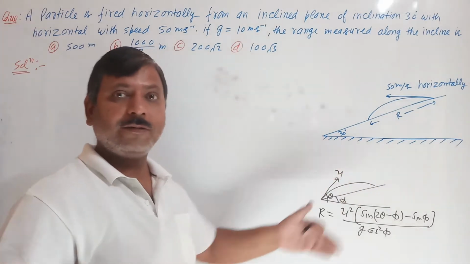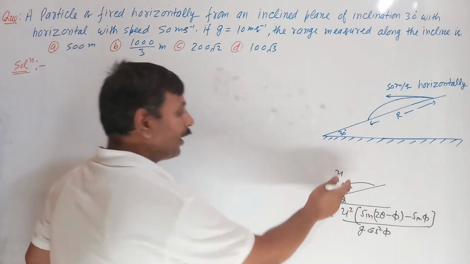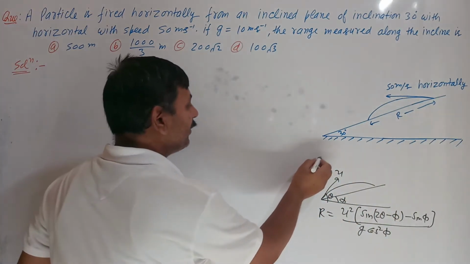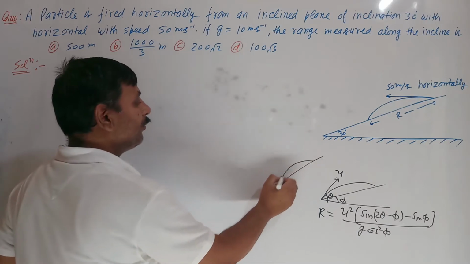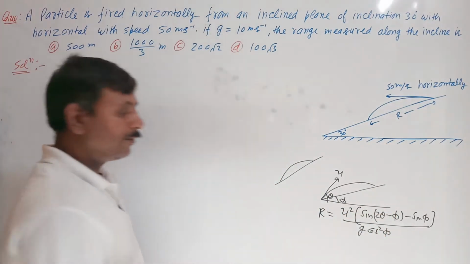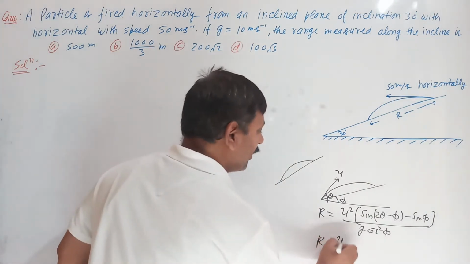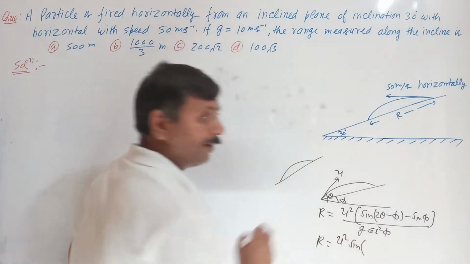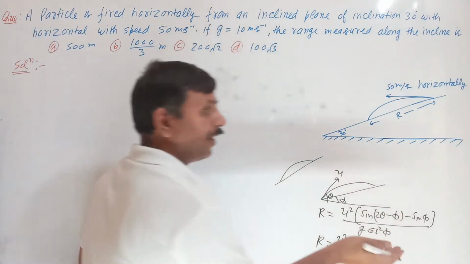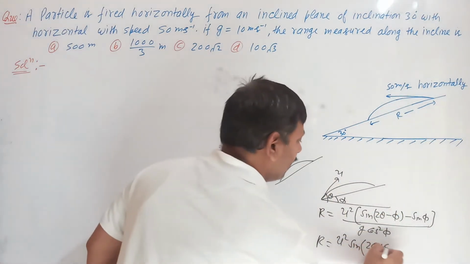When it is upward, when downward is there, so what happens? If a particle is projected downward from inclined plane, in this formula we replace phi by minus phi. So this formula is what? U square sine 2 theta, if phi is replaced by minus phi, this becomes plus.